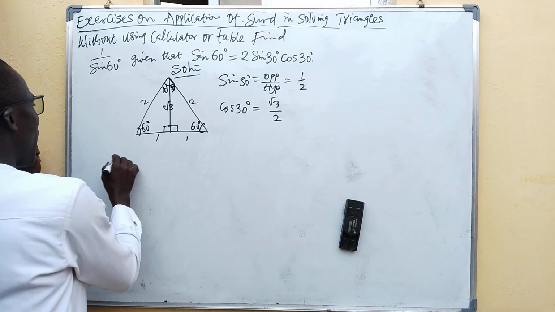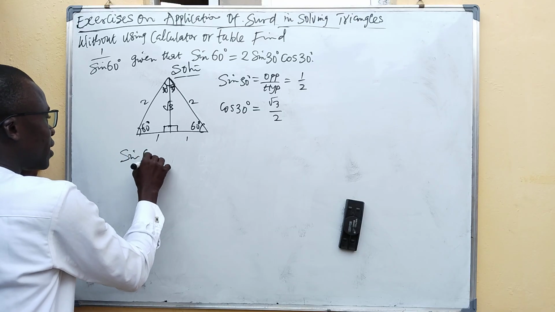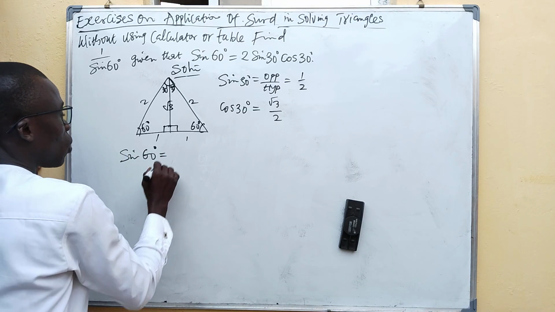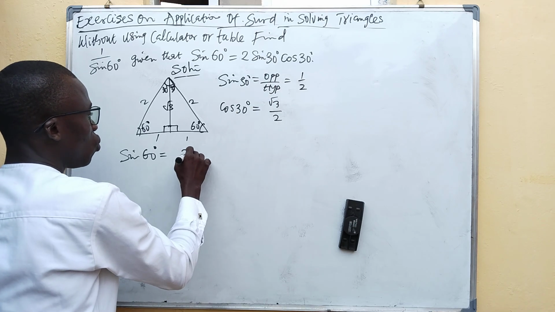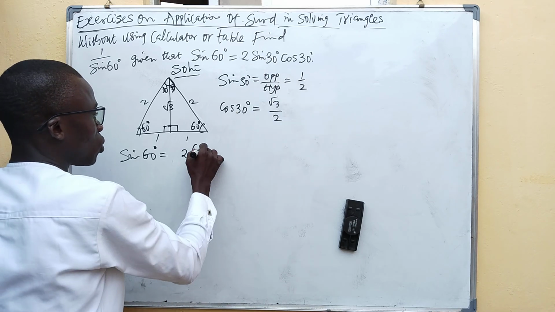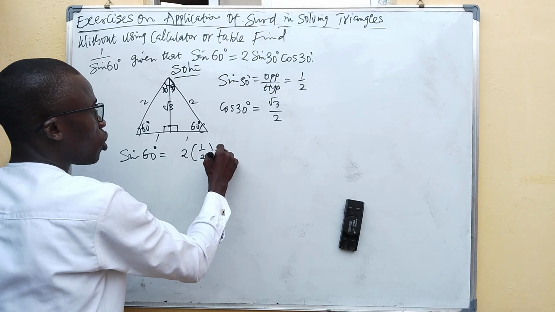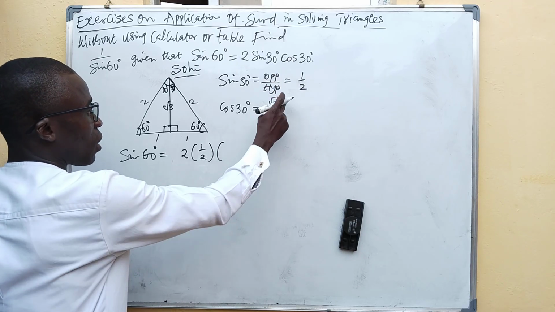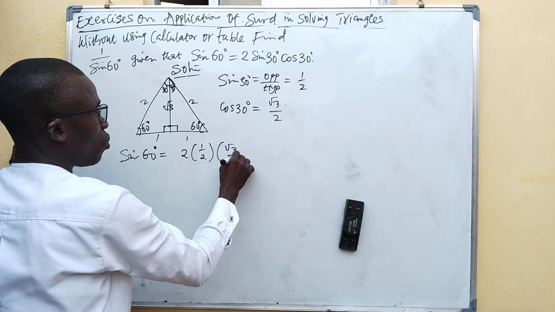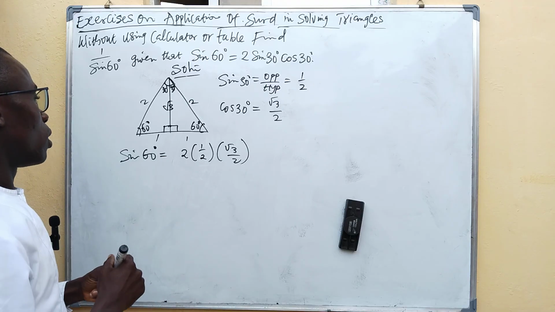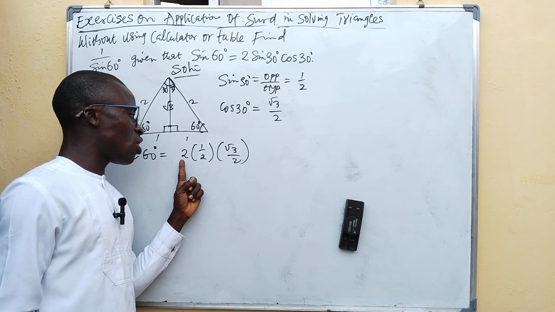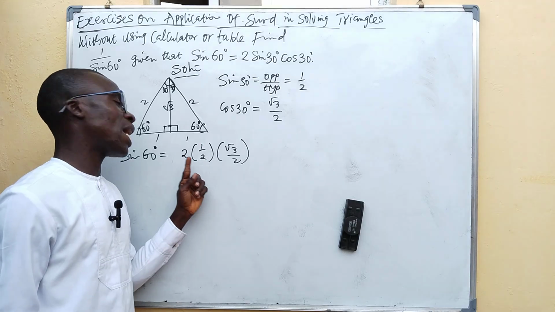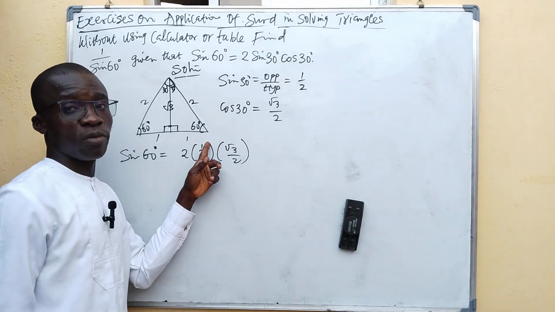Now, we have that sine 60 degrees is equal to twice sine 30 cos 30. We're going to have 2 of sine 30, and sine 30 is 1 over 2. Then multiply it by cos 30, which is root 3 over 2. When you have a number multiplying a fraction, that number is only to multiply the numerator.